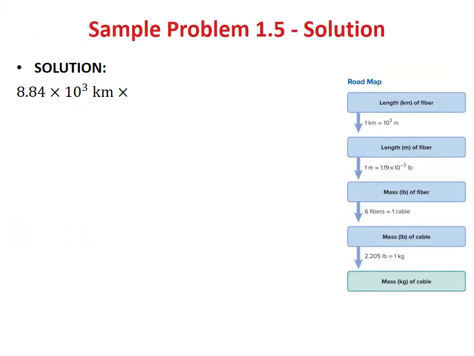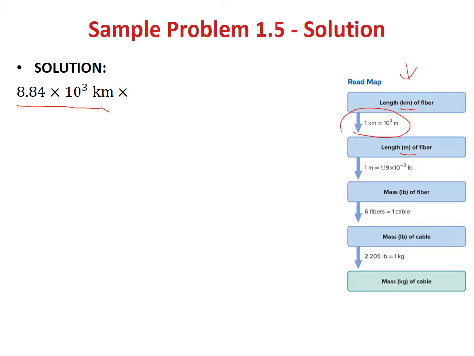So let's calculate. This is our plan. We first convert kilometer to meter. We start with the given value of the length, which is 8.84 times 10 to the third power kilometer for one strand. And we use 1 kilometer is 1,000 meter as a conversion factor.